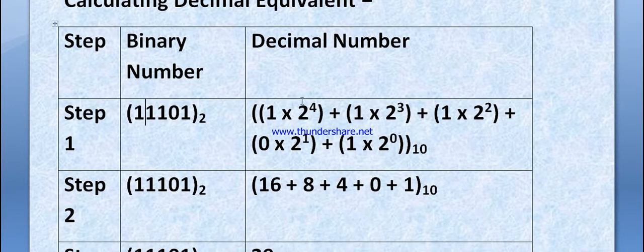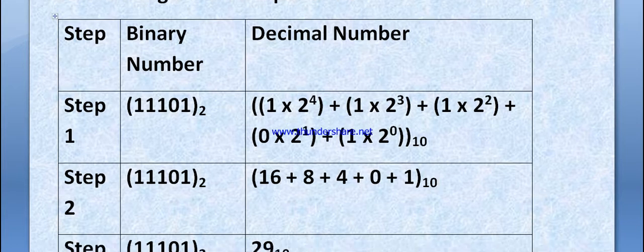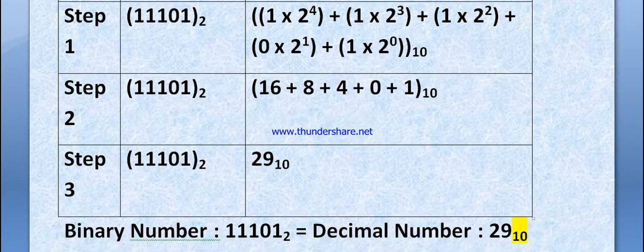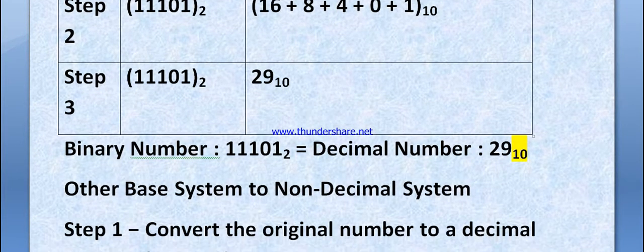So we can calculate 16, 8, 4, 0 and 1, which gives 21 base 10. So this is the conversion of binary to decimal.